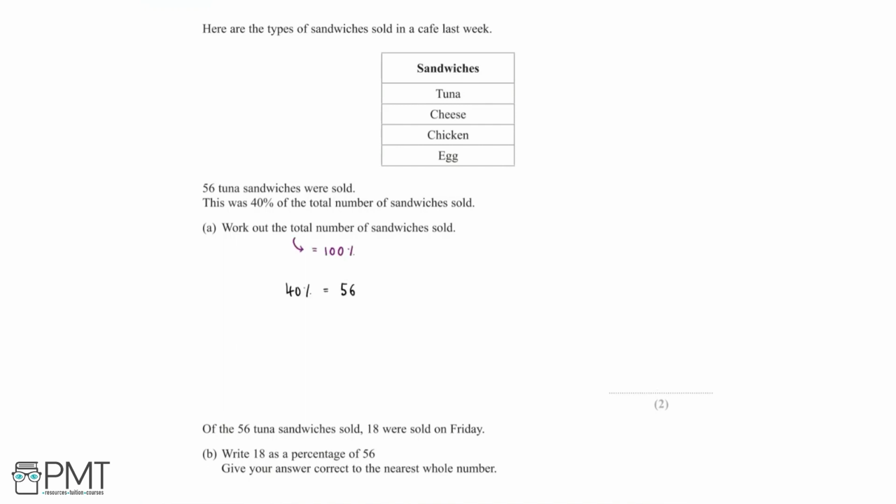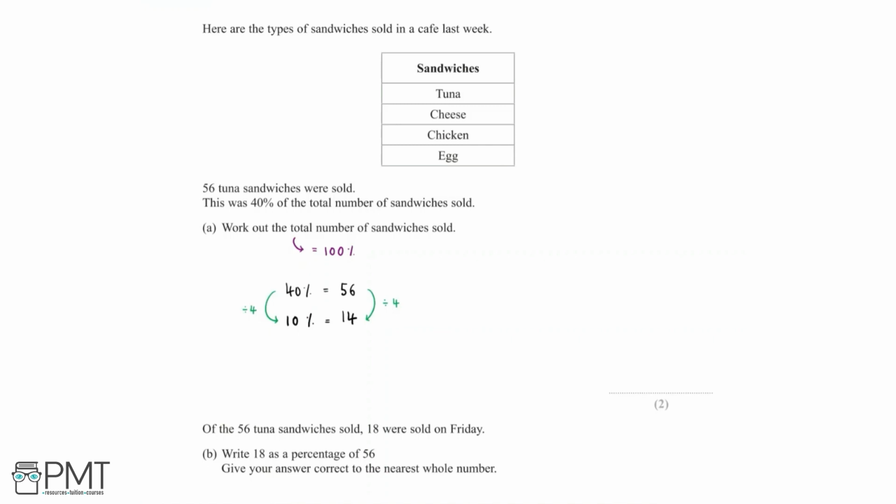Now to get from 40% to 100%, we can't multiply directly by a whole number. So what we can do is start by finding 10%, which we can do by dividing both sides by 4. 40% divided by 4 is equal to 10%, and 56 divided by 4 is equal to 14. And so we found that 10% of the number of sandwiches sold is equal to 14. Now we said that we want to find 100% in order to find the total number of sandwiches sold.